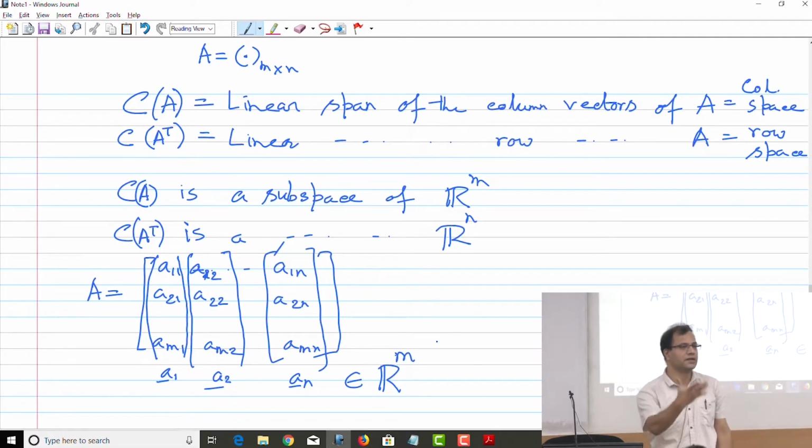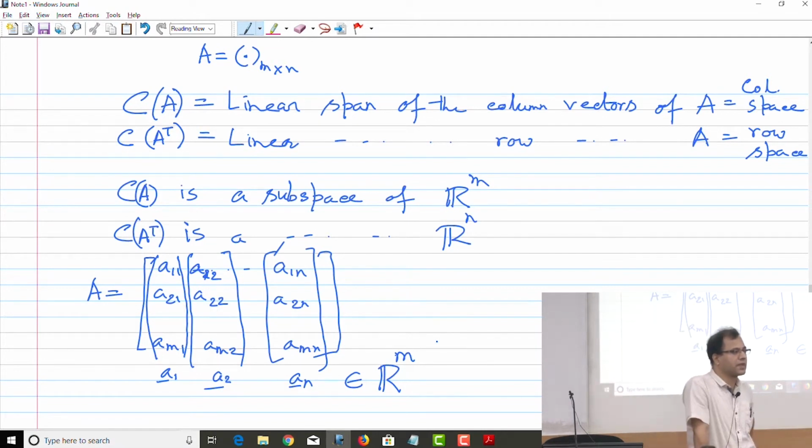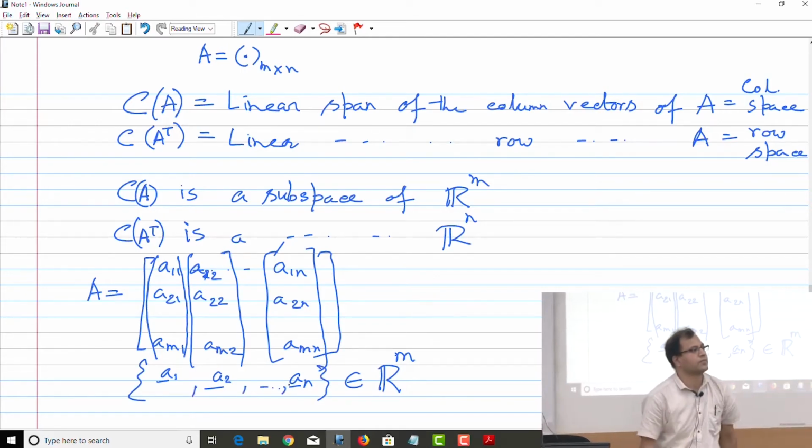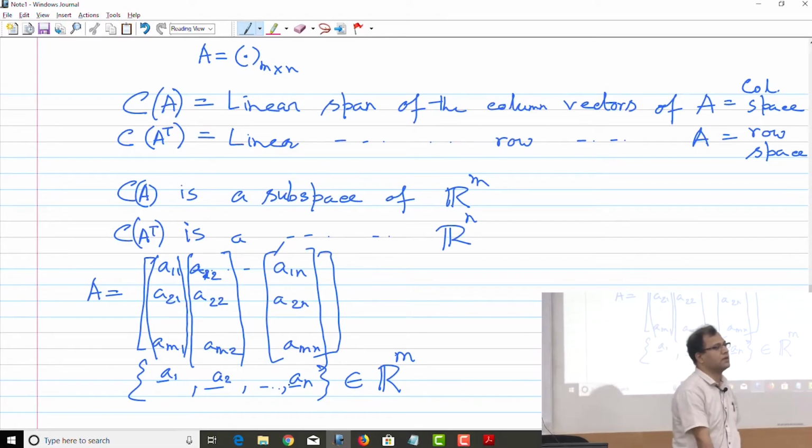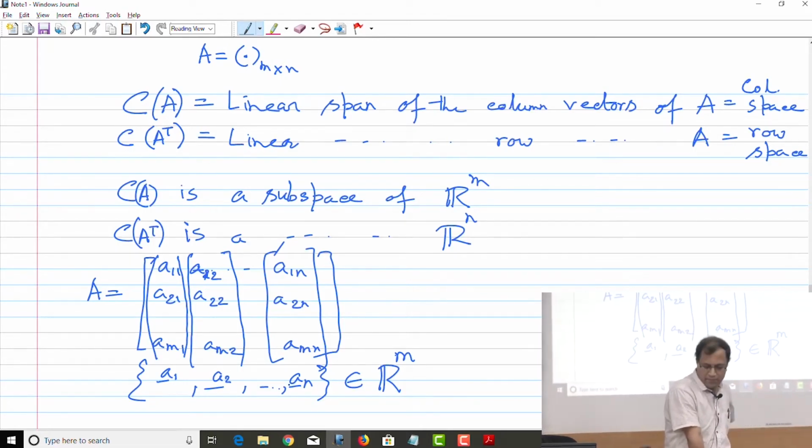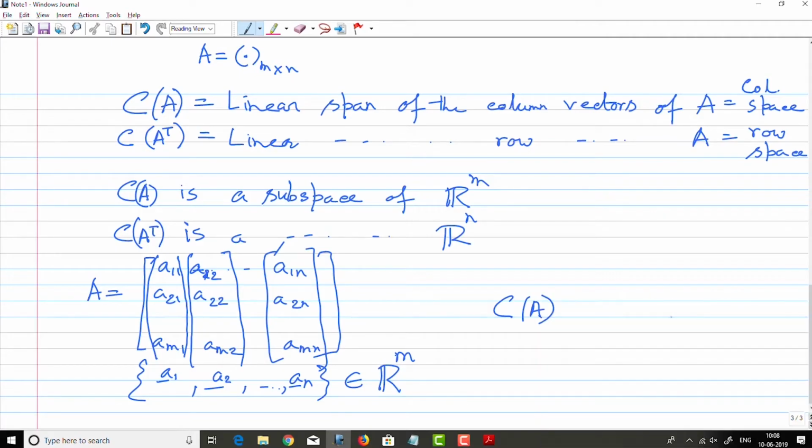Now, the column space of A is the linear combinations of these vectors a1, a2, an. When we consider the linear combinations of these vectors, that is CA. So this is a subspace that we have already proved.